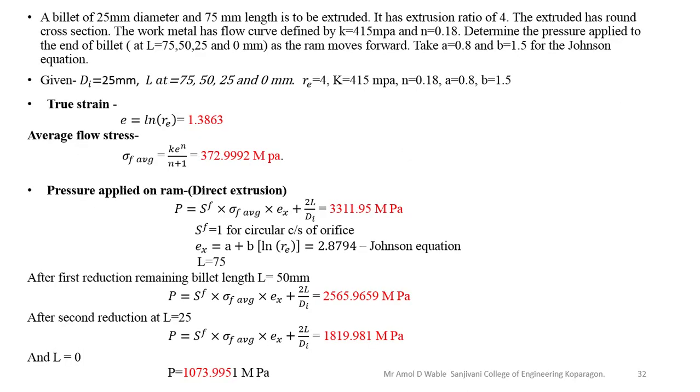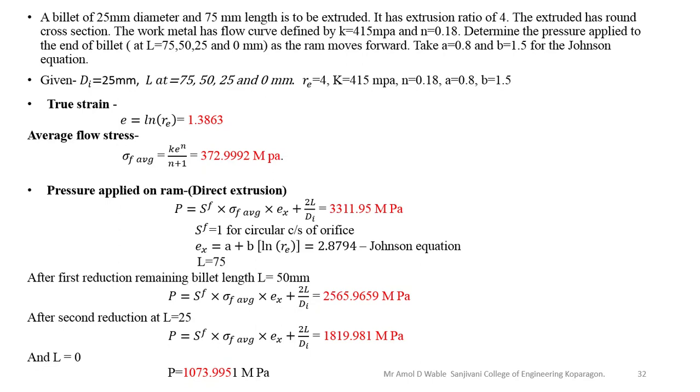A billet of 25 mm diameter and 75 mm length is to be extruded. It has an extrusion ratio of 4. The extrudate has a round cross section. The work metal has a flow curve defined by K equal to 415 megapascal and n equal to 0.18.